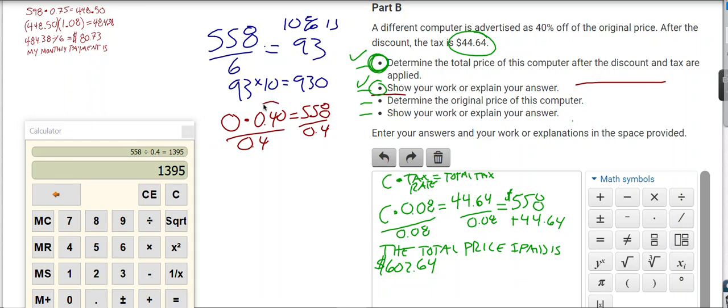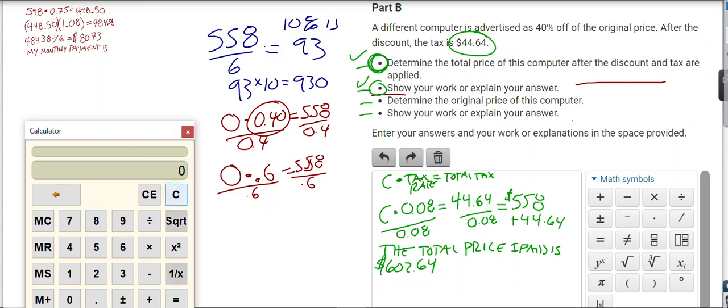So is this 0.4 the amount that I paid for 40% or did I pay for 60? Oh, so I need to do the original times 60%, and that's going to equal 558. So what will I actually be dividing 558 by? 0.6.